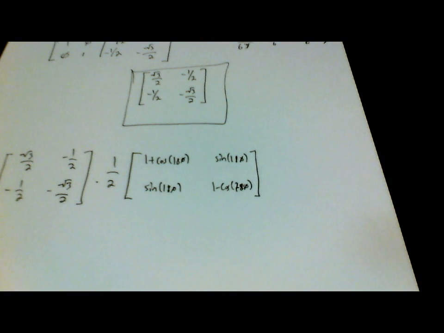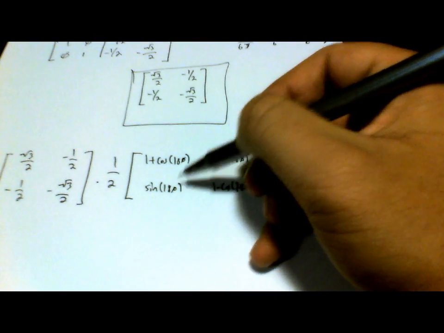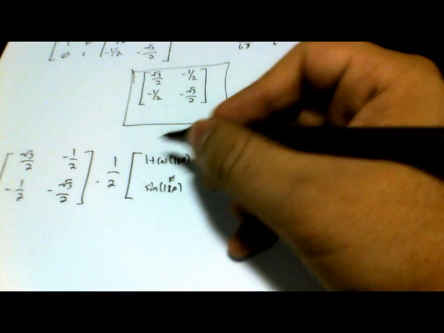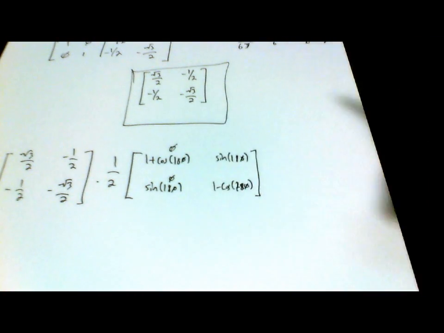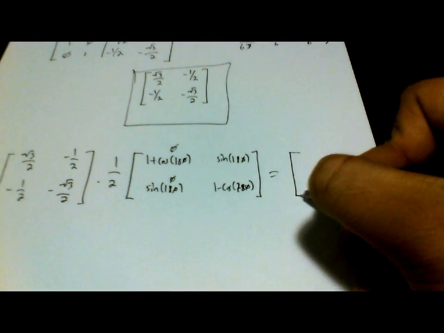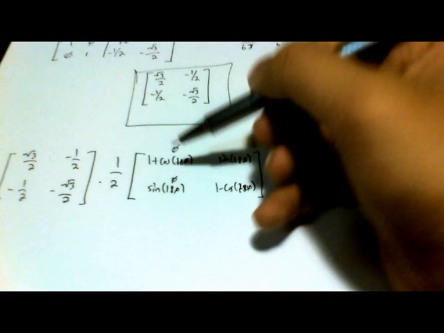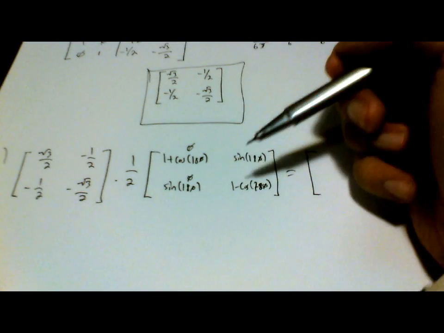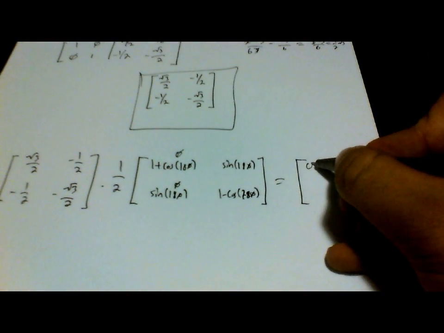Now calculating the determinant for this is ridiculously easy because we know the sine of 180 is 0. We know cos of 180 is negative 1, so 1 minus 1 is 0. So the resulting matrix, it doesn't matter whatever happens, it's going to be a dot product of this row here. And we get 0 plus 0, which is just 0.